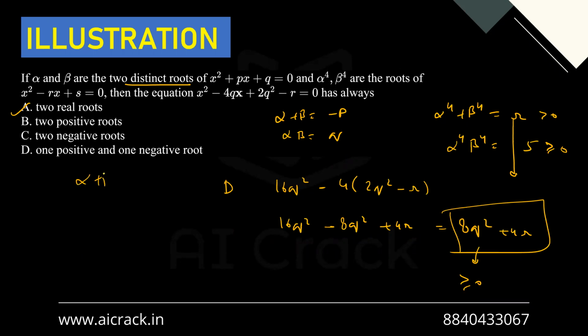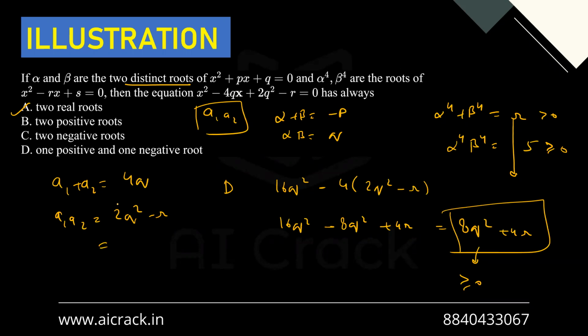Let's say the roots are a1 and a2. So a1 plus a2 would be 4q, and a1 a2 would be 2q square minus r, right?